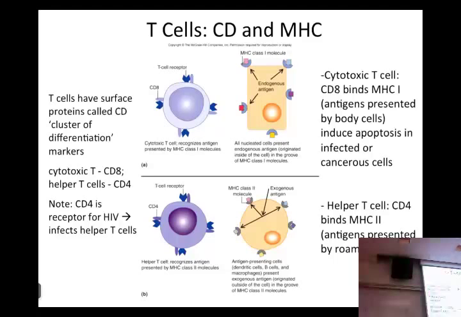Okay, so going back to T cells, I know this is a complicated diagram and there's lots of stuff on it, but it helps us understand how the T cells work. So T cells have this T cell receptor. What is the T cell receptor for?